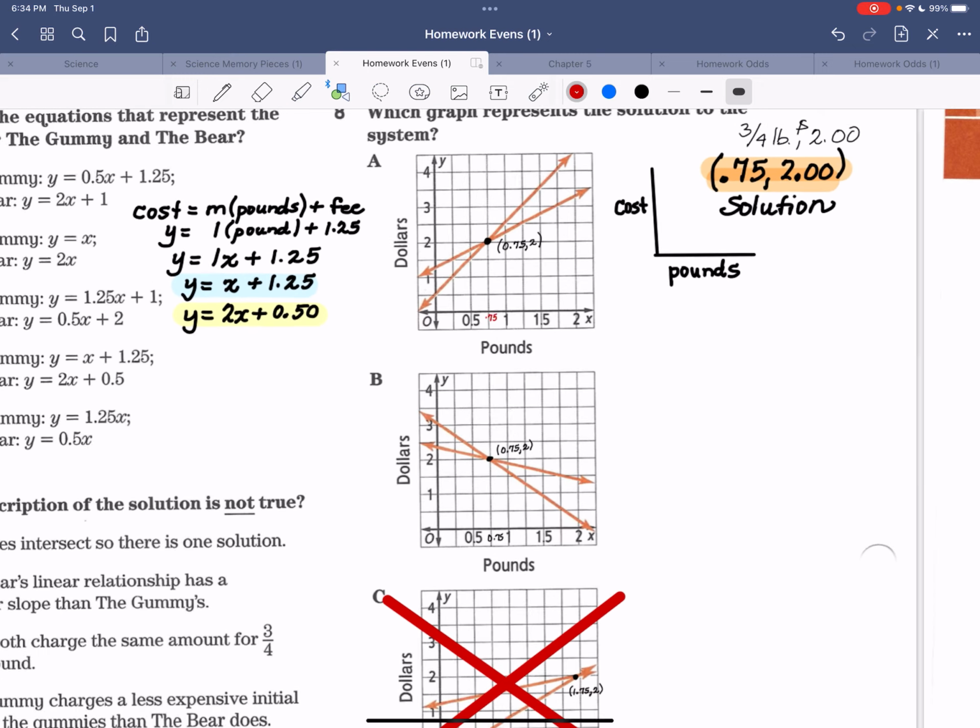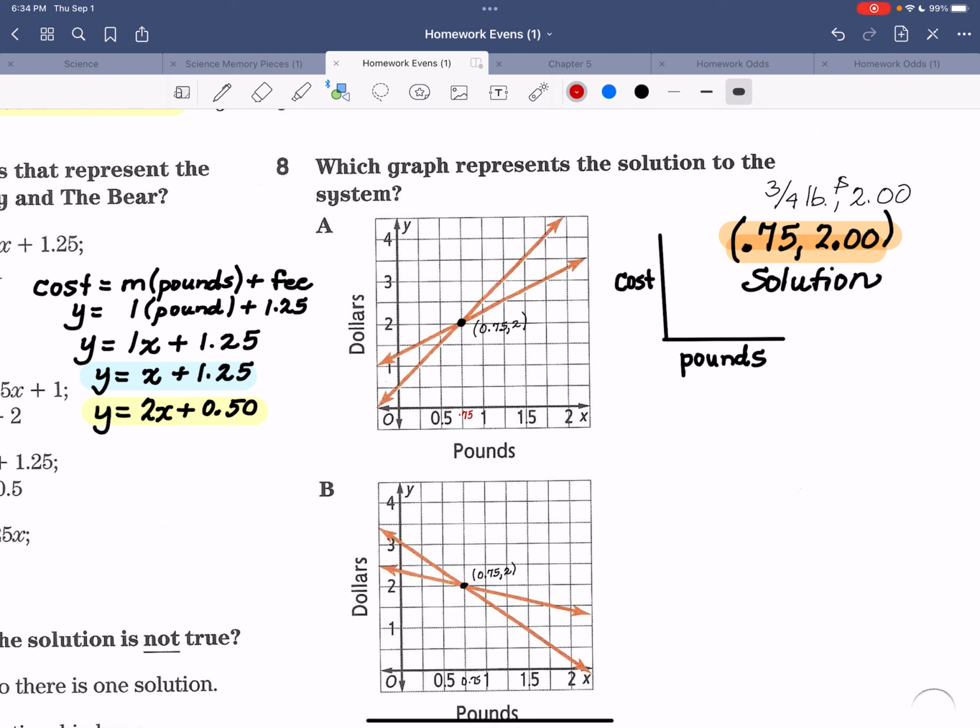So we are left with these two. The points match here. Nothing wrong with that. The graphs match. The scale is fine. So how in the world am I going to know? What's the difference between these two graphs?